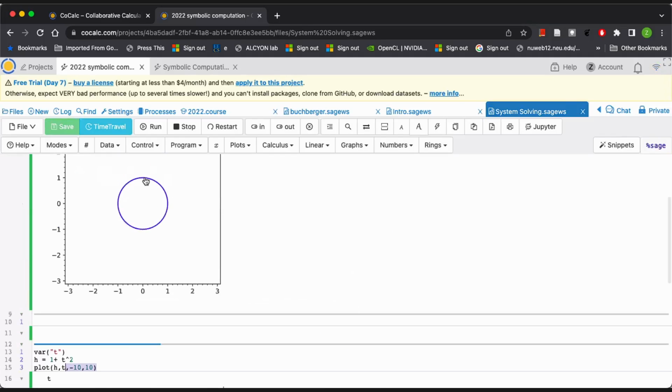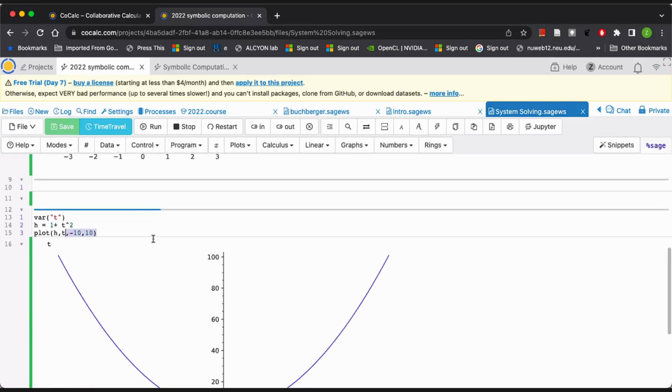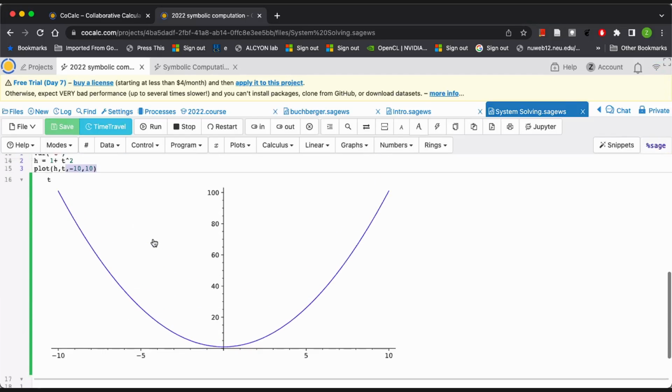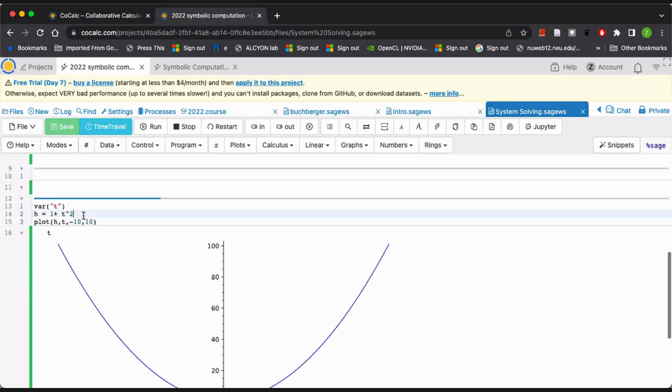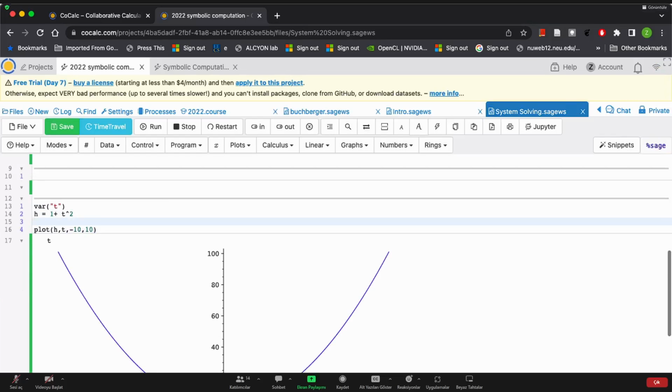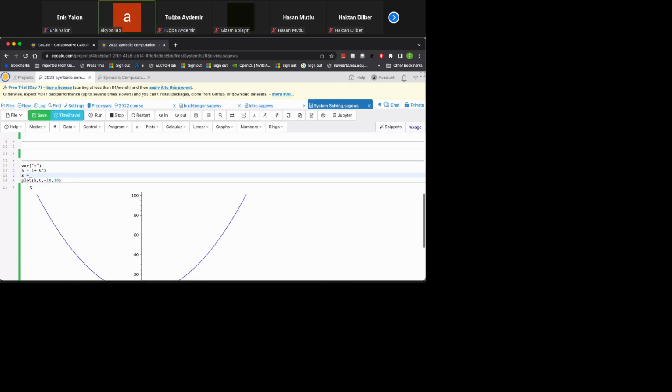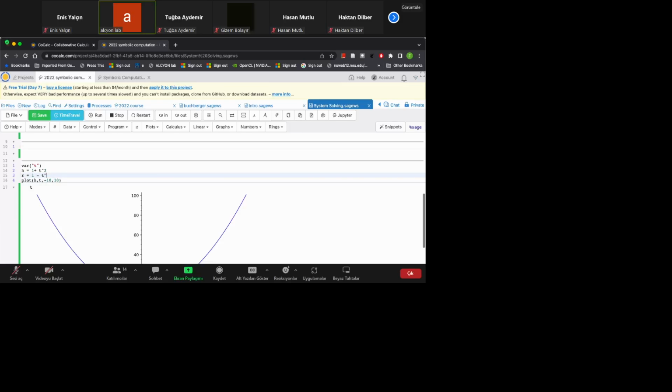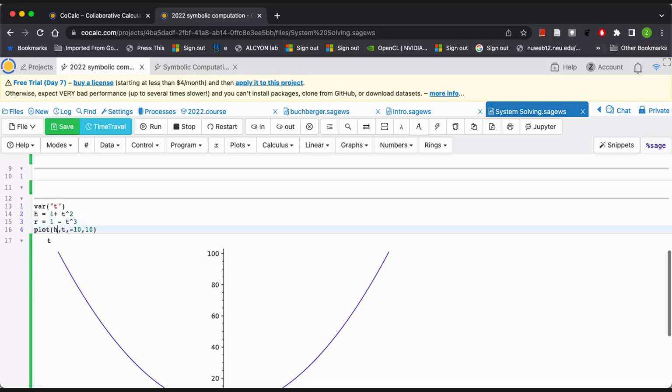Can we plot this curve? What if I gave its, let's call r to be 1 minus t cubed. I'm checking now.